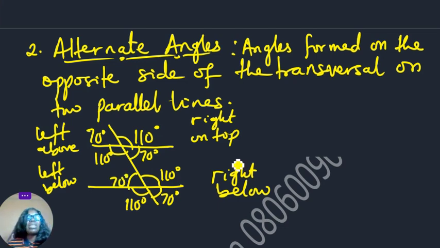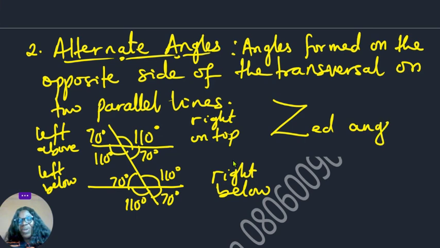Now another name for alternate angles is what we call Z angles. Why do we call Z angles? Now if you look at the letter Z, you can see that we have an angle right here, let's say angle A. So if this angle is A, it means this angle will also be A, because they are alternate. When you look at it very well, Z looks like a parallel line.